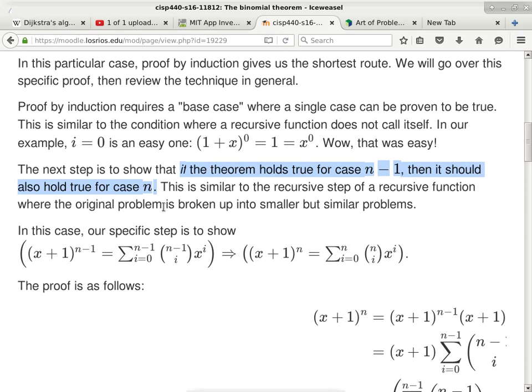In other words, if you can show me that this theorem is true for case n, then I only have to prove why it will also be true for case n plus 1, and then I have completed my proof already. That's a really powerful proof technique because you don't have to prove each individual case. You just need a base case and the induction step.